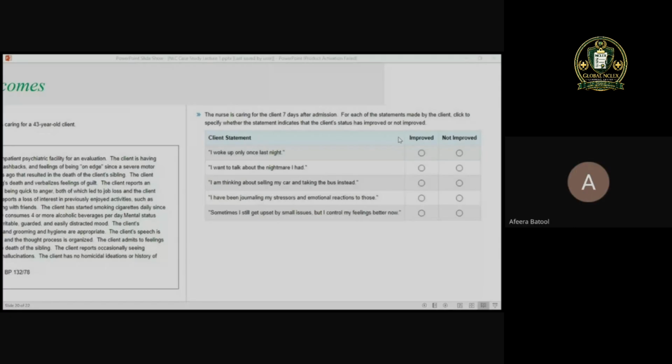Which one is more difficult to answer, when they are asking for multiple answers or when they are asking to choose one answer? It depends on your understanding of the question, and your command of your basic knowledge.